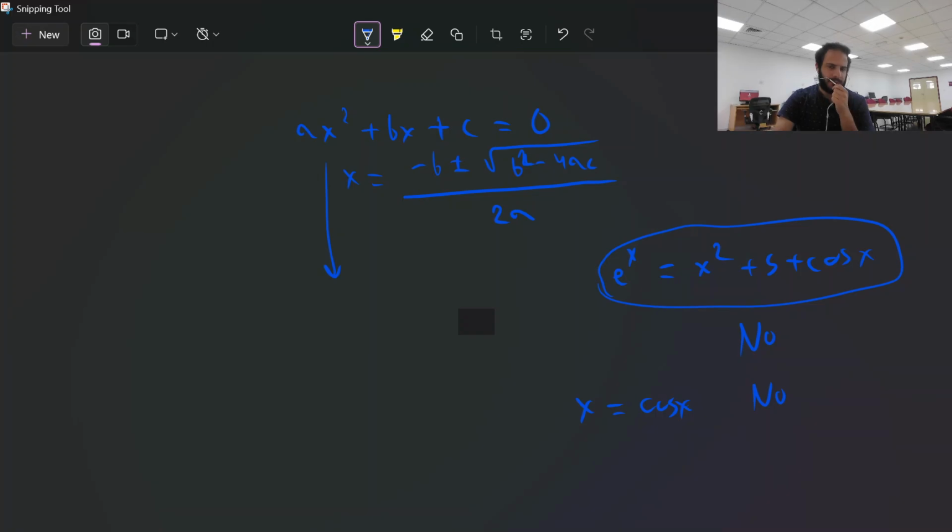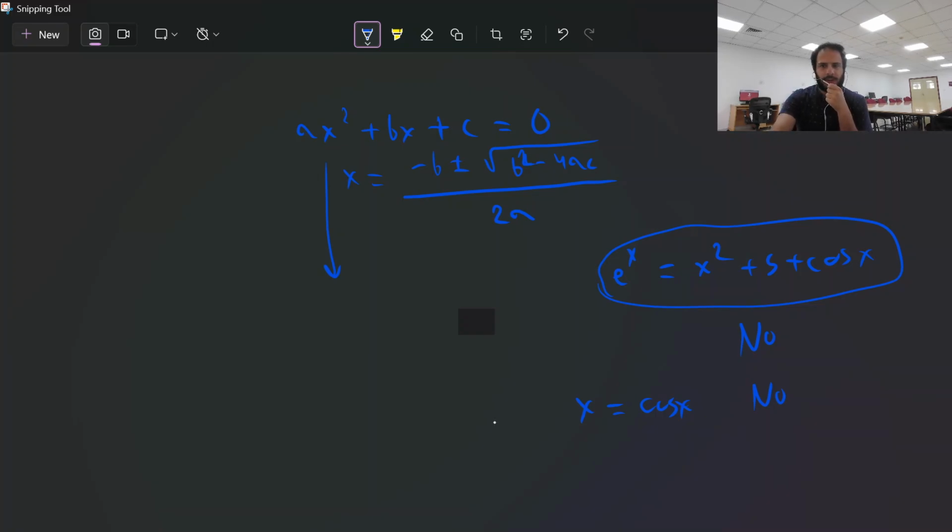No, we don't have. So, we need to find the efficient method to solve equations, right? Because we don't have easy way for degree 3, degree 4, or these equations, e to x equals this, x equals cosine x. So this is the idea about Newton's method. It's easy way to solve equations.